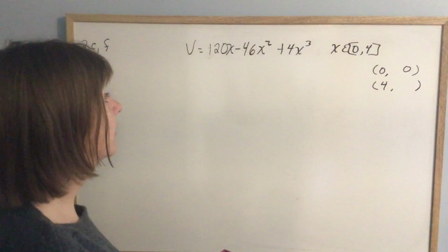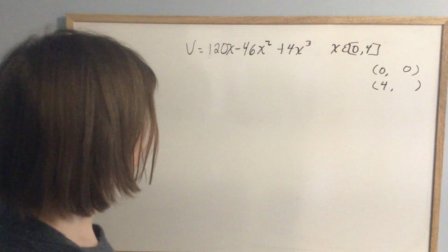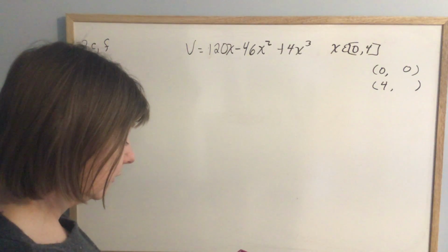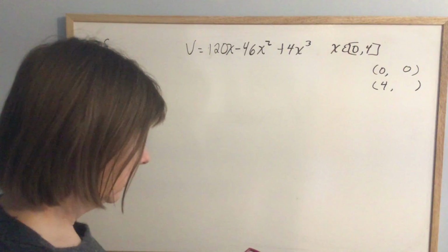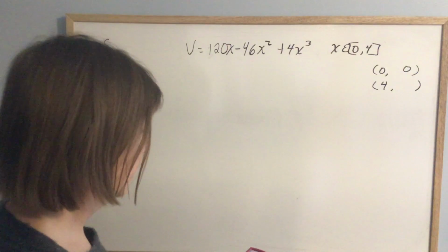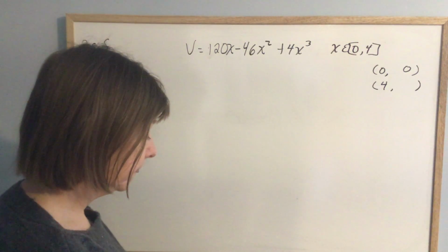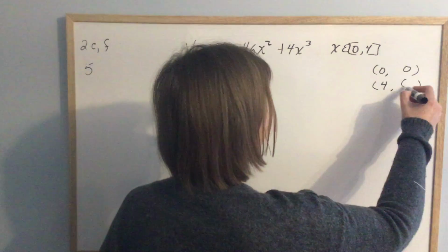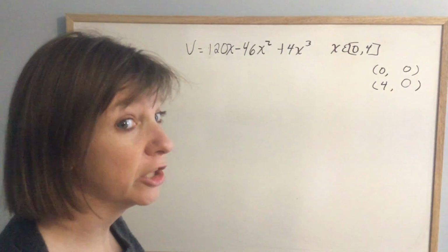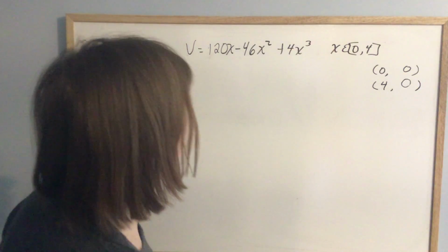I got to put that into there. So that would be 120 times 4 minus 46 times 16 plus 4 times 4 cubed. I get 0 again. Neither one of those is very good. 0 volume is not good. So I'm going to look for something in the middle.